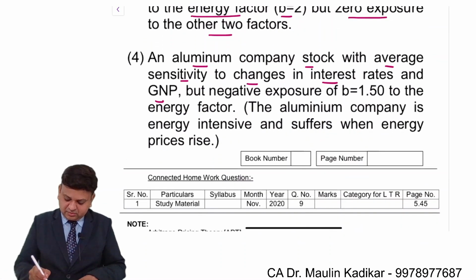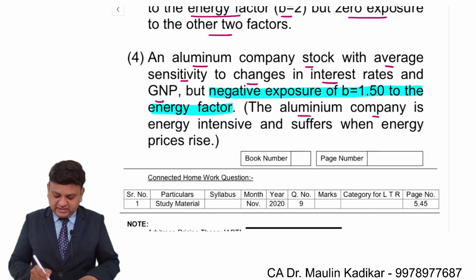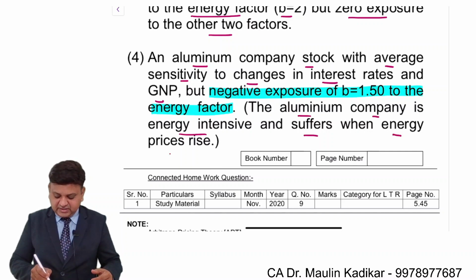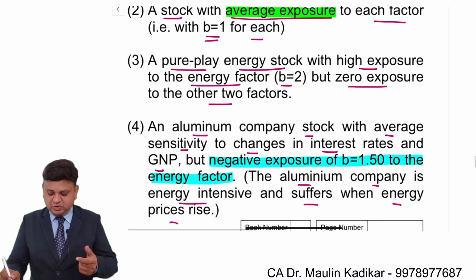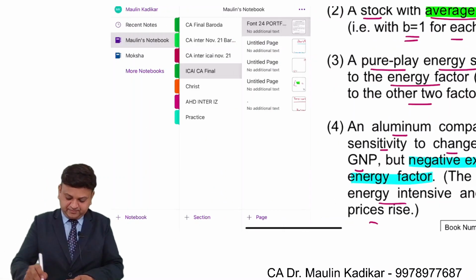There is a negative exposure of beta 1.5 to the energy factor. The aluminum company is energy intensive and it suffers when the energy price rises. So they have explained why it has negative beta.